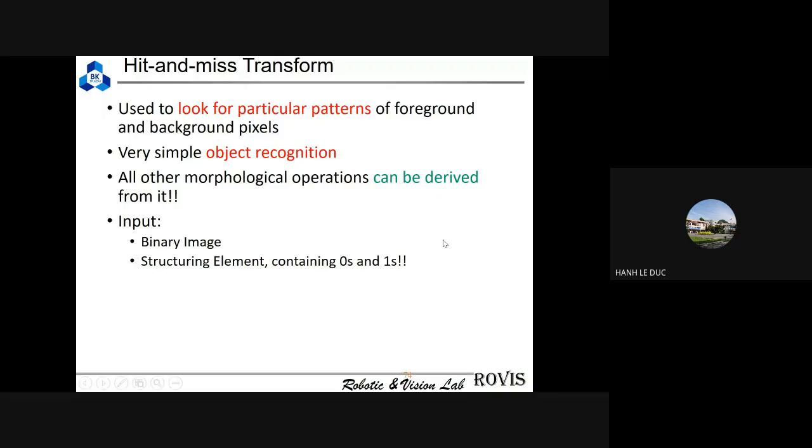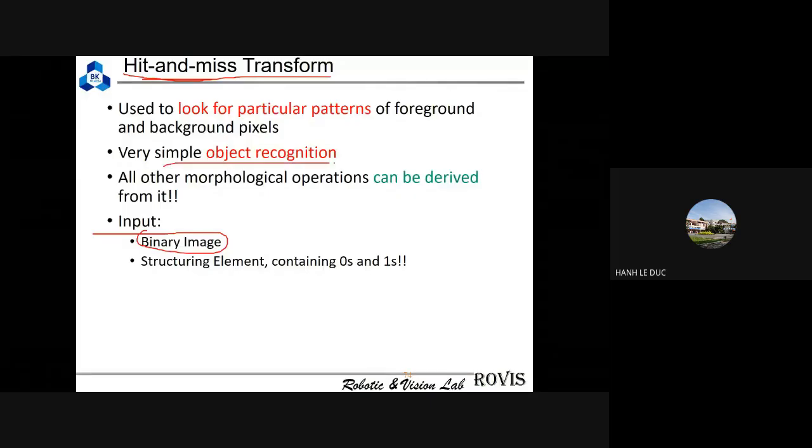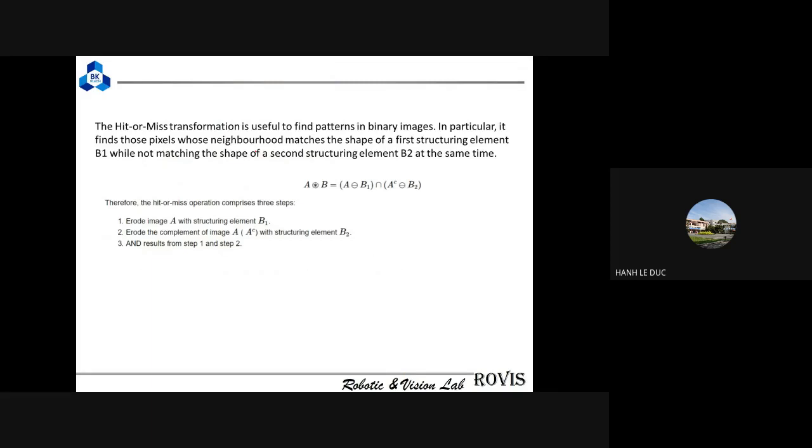Pay attention here, the remark: it just works on the binary image. So how can the hit and miss algorithm do simple object recognition, or looking for a particular pattern? It will follow this equation.